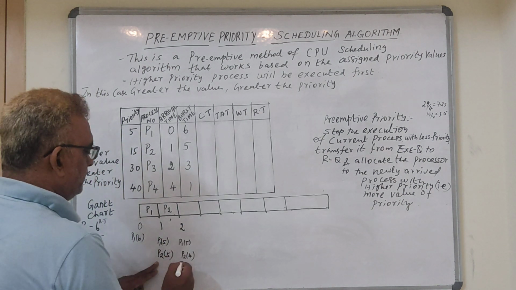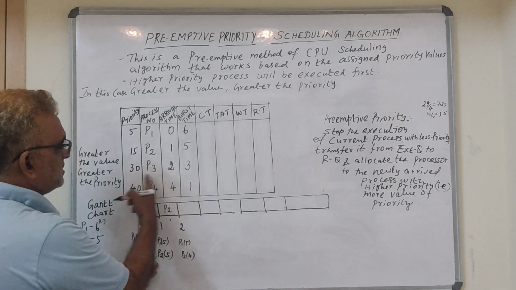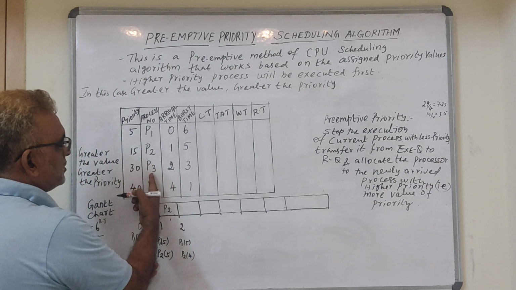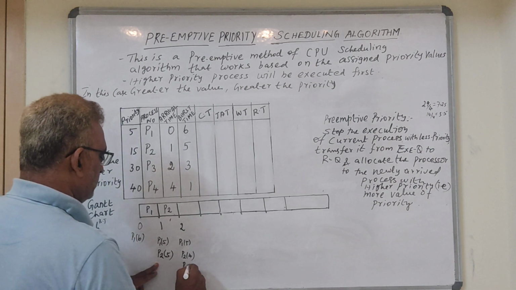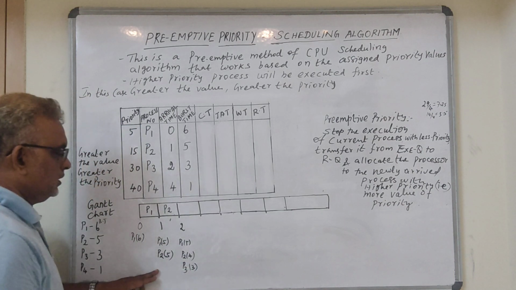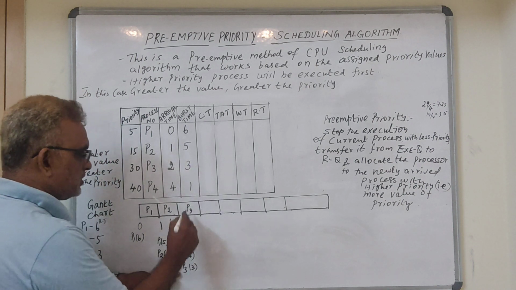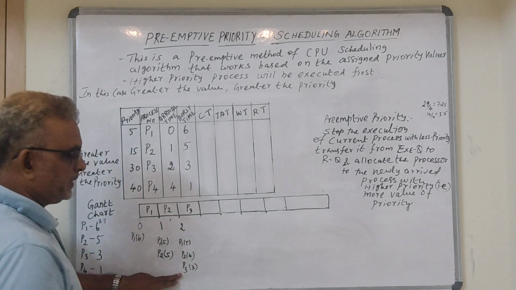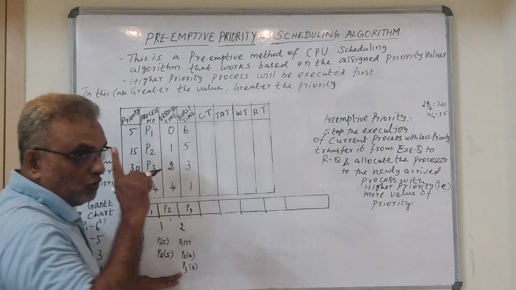Now at time 2, check whether any other process has arrived. We got another process, P3, arrived with a higher priority, 30. Its burst time is 3 milliseconds. So automatically the processor will be allocated to process P3, and it will execute for 1 millisecond.